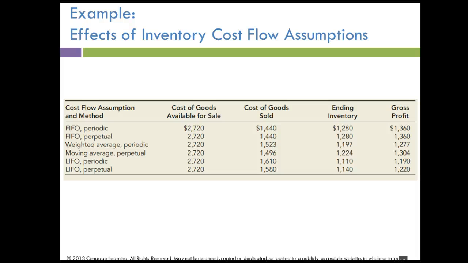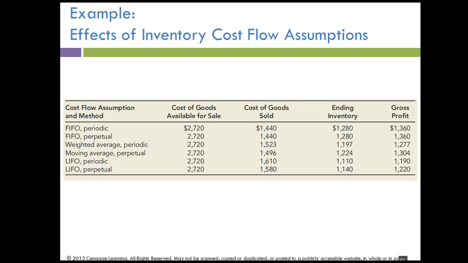We're going to end up with the same cost of goods sold, same cost available for sale, same ending inventory, and our gross profit is generally going to be higher than our LIFO because under our LIFO method, we're taking the most current items that we've purchased to be shown in cost of goods sold. So that generally ends up with a higher cost of goods sold and ultimately with a lower net income.